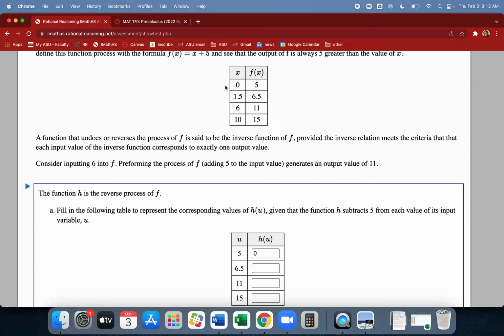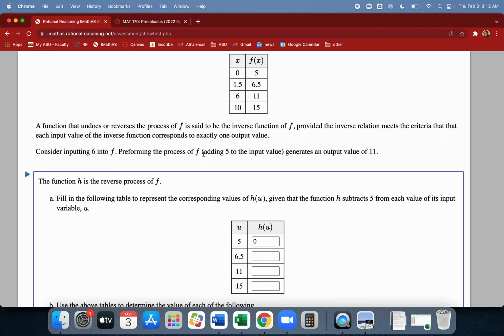Function h, or function f inverse, takes a 5 and turns it back into a 0. So the idea in terms of ordered pairs, input-output pairs, corresponding pairs of numbers, is that between a function and its inverse, those pairs are going to have the reverse roles. So an input of 6.5 to function h has the same role as an output 6.5 in function f.